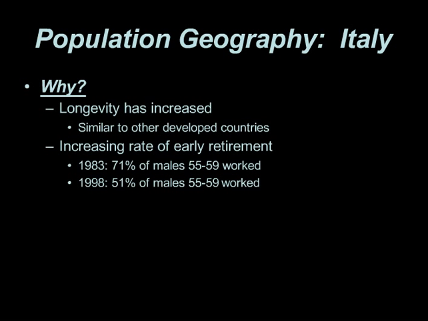We've identified some patterns. Now let's try to understand why they exist. First off, in Italy, we have an increase in life expectancy, which is very similar to other developed countries. One of the things about Italy is the age of retirement isn't 62, it's 55. And if you look at the percentage of males aged 55 to 59 that are working, it's much lower than it was in 1983.